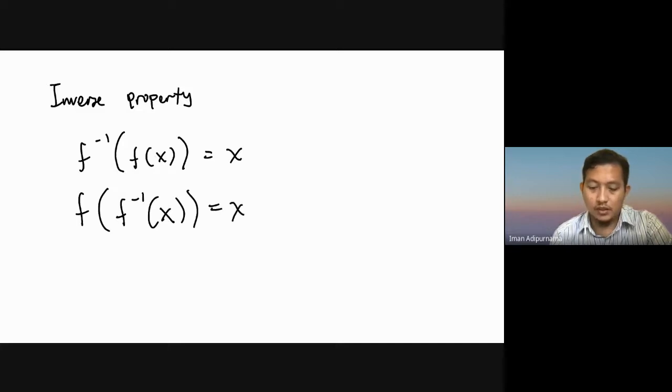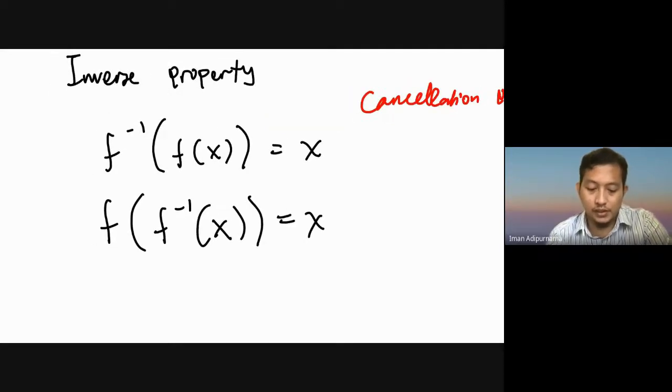This is a cancellation property. So when we have a function and we put the inverse of it inside, the result will be just x.